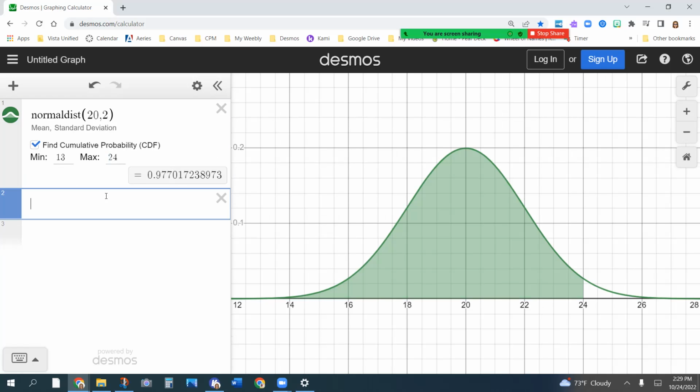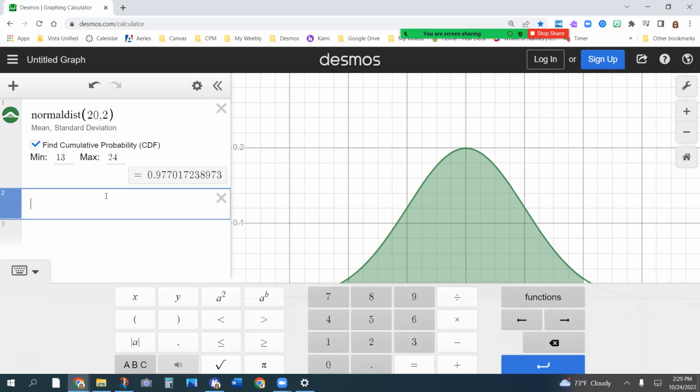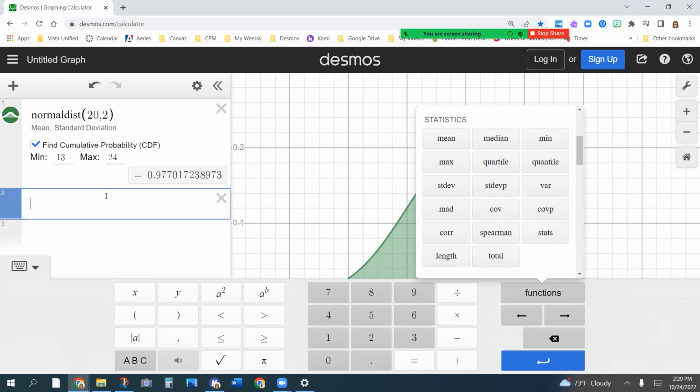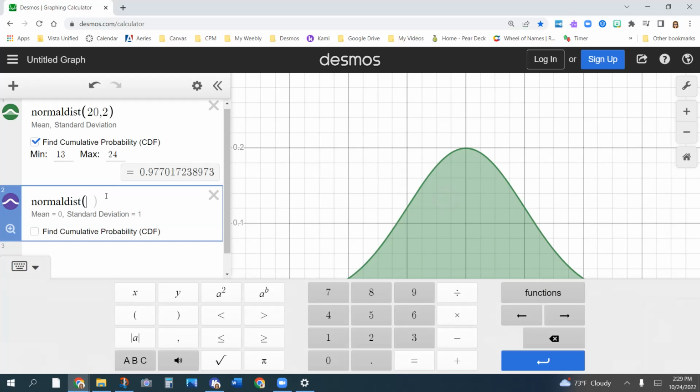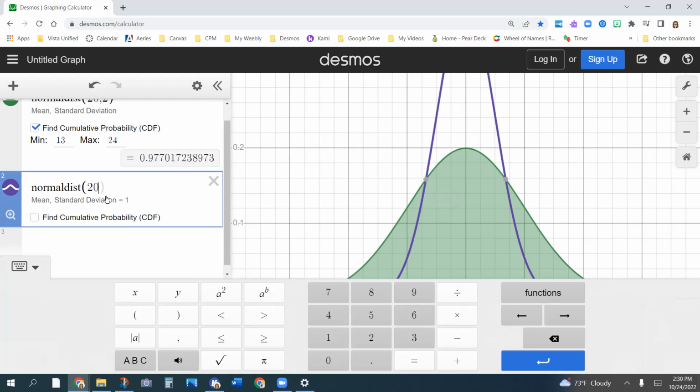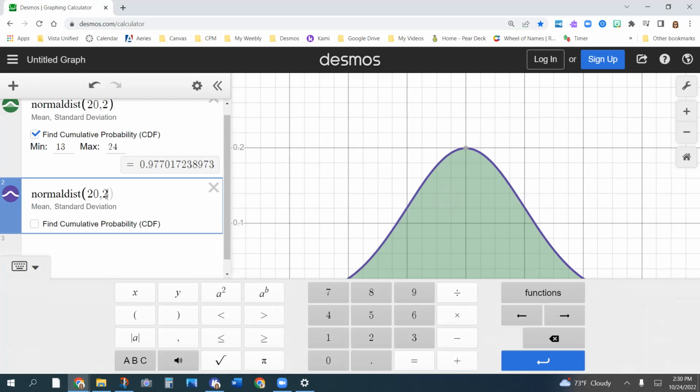If I wanted to do an inverse norm, I can come here, come to functions, okay, get my normal distribution, and let's say it's 20 and 2.